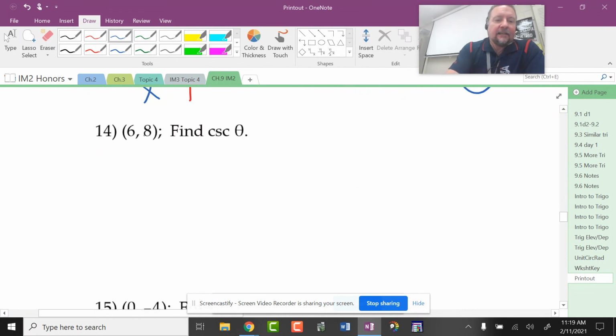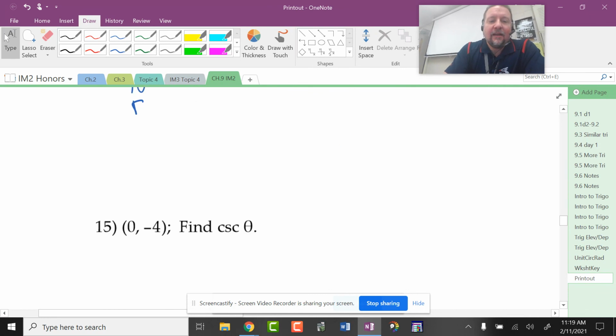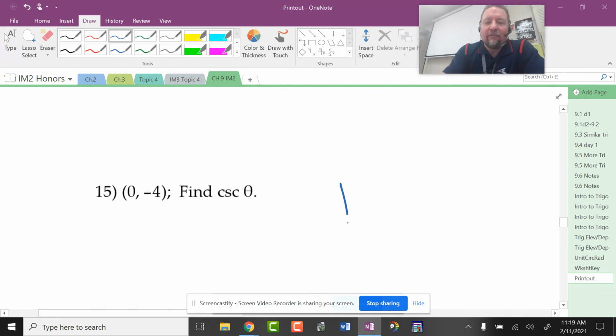All right, 6, 8, 10. This is a family member of 3, 4, 5. Cosecant is R over Y. See how fast I did that? Probably too fast. And then if you're at 0, -4, in the chat, what is R?